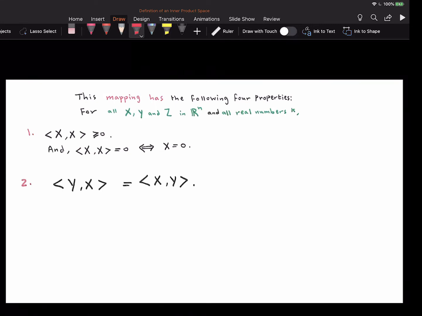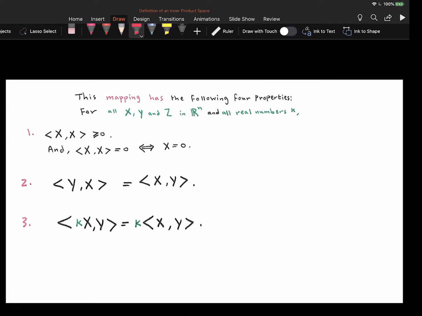Number two, the inner product between y and x will be the same as x and y. Number three, if you have a scalar k multiplied by x, then you take the inner product with y, it would be the same as the inner product between x and y multiplied by the scalar after.